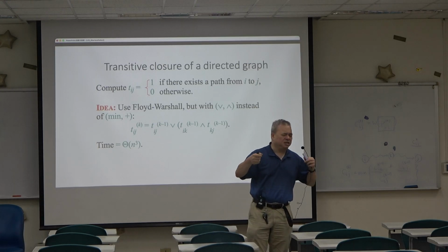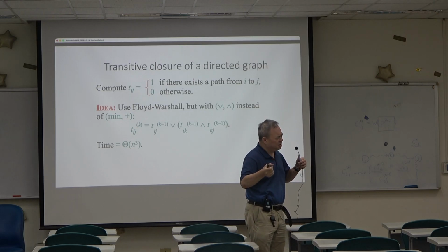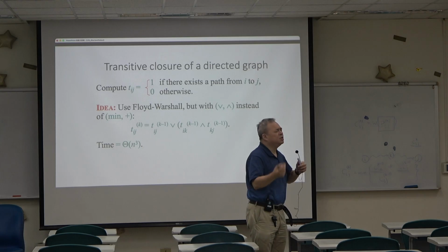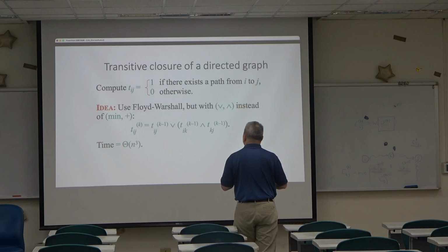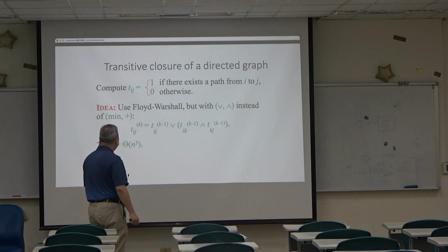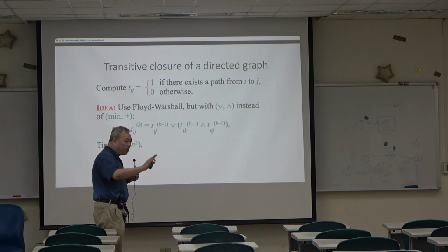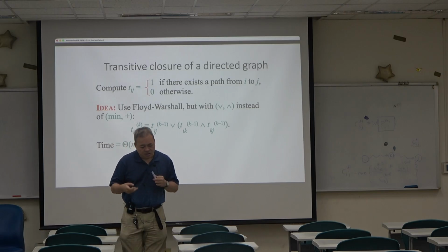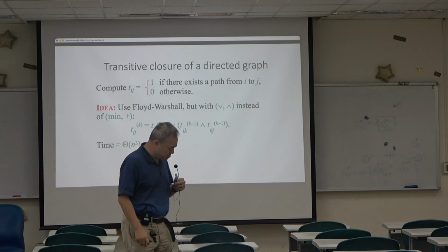If no path exists between node i and node j, then we will call it false. So true is 1, false is 0. We call this T_i,j: if there exists a path from i to j, it is 1, true, otherwise 0. Remember, we are dealing with a directed graph here.